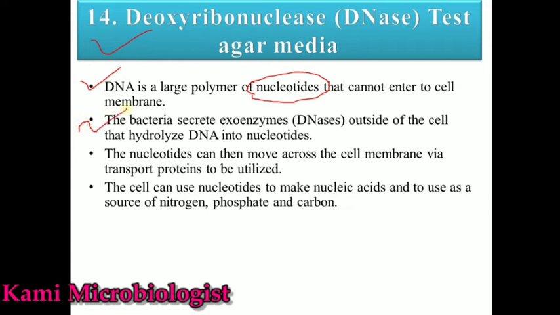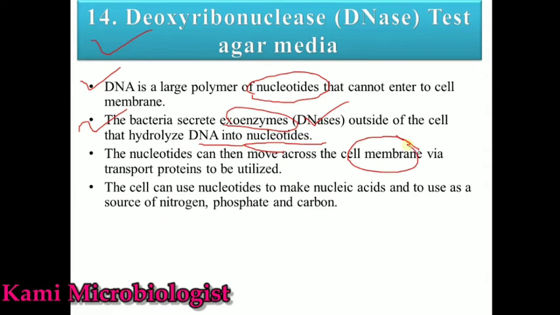So there are some bacteria that can secrete an exoenzyme which we call DNase. By using this enzyme, the bacteria degrade the DNA into nucleotides, and after that the bacteria take up these nucleotides by a process which we call cell membrane transport.